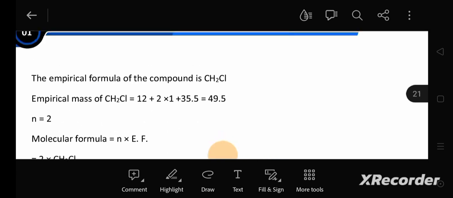Now how can I calculate the value of n as 2? We calculate n by dividing the molecular mass by the empirical mass. In the numerical, when you read it, you will get the molecular mass is 98. Then 98 divided by 49, you will get 2, and the n value is 2.